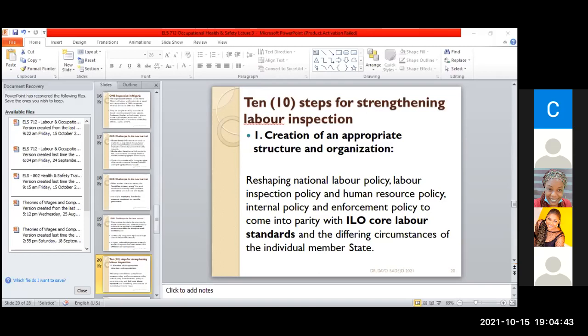So we need to look into the question of our appropriate structure and organization. As I've said, we have duplication of effort. We don't even know who to hold responsible. Environmental matters have been segmented and disseminated so that you don't even know who is responsible for what. So we need to articulate them and create a structure and organization that is going to address this issue.